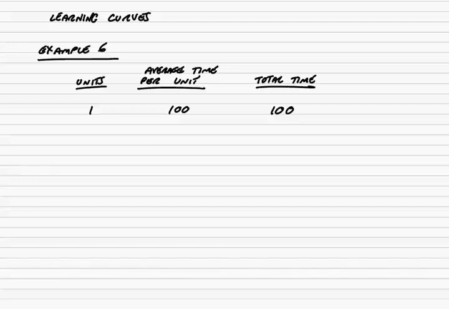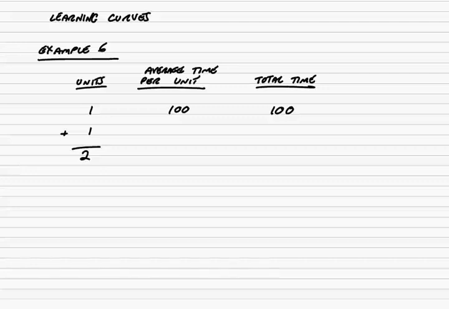Well, what the learning rule says is that if we double the production, and by double it, we've made 1, double it 2 times it, if we make another 1, so we've got 2 in total, so we've doubled the production by making an extra 1. What the learning rule says is that the average time per unit will fall.